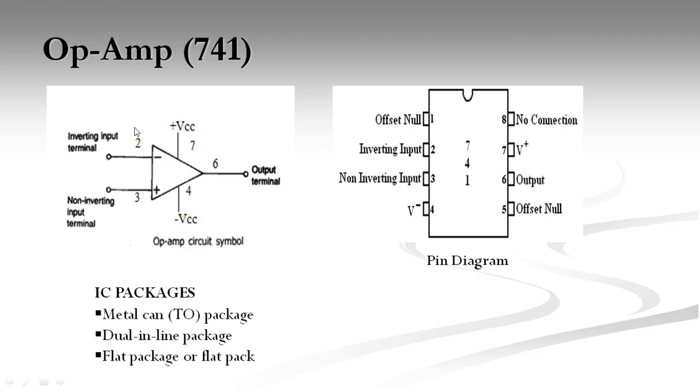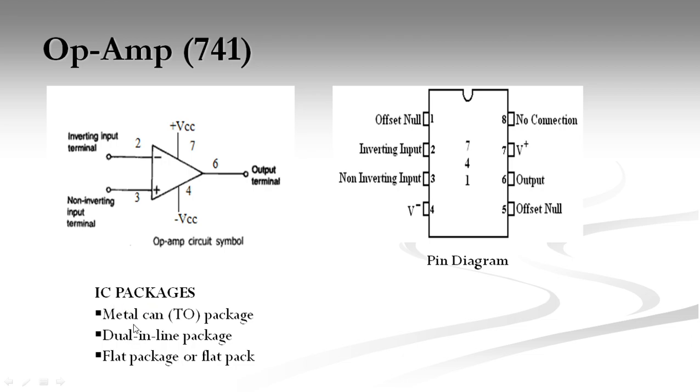The second pin is the inverting input, and the third pin is the non-inverting input. The negative of the supply source is connected to the fourth pin. The fifth pin is offset null. The sixth pin is the output terminal, and to the seventh pin the positive of the DC source is connected. The eighth pin has no connection.